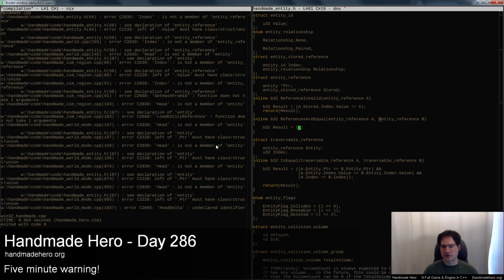But OK. So in here, we would say, if references are equal, we'd just say entity stored index equals B stored index, like so.